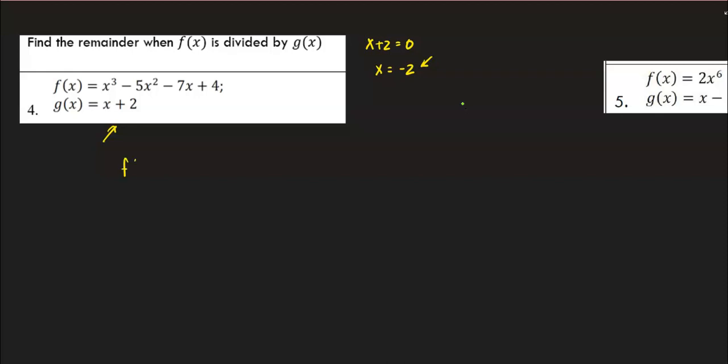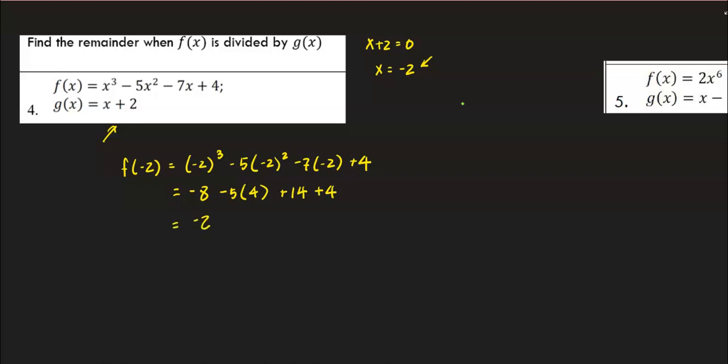So all I have to do is f of -2 equals -2 cubed minus 5 times -2 squared minus 7 times -2 plus 4. That's going to give me a -8. And then minus 5 times 4 and a plus 14 plus 4.